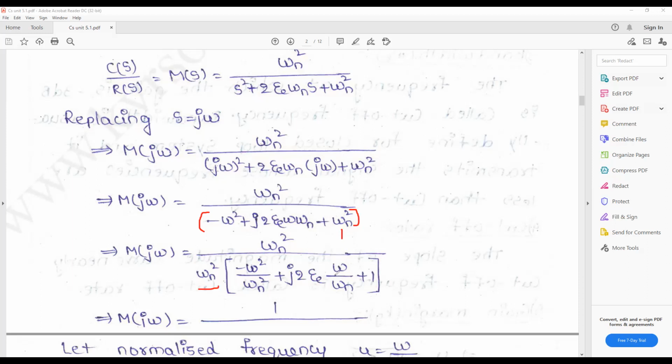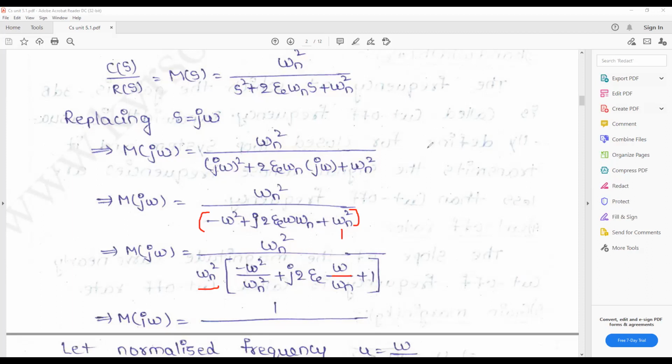So in the denominator equation, take omega n square common. So 1 plus j into 2 zeta omega by omega n minus omega by omega n whole square.